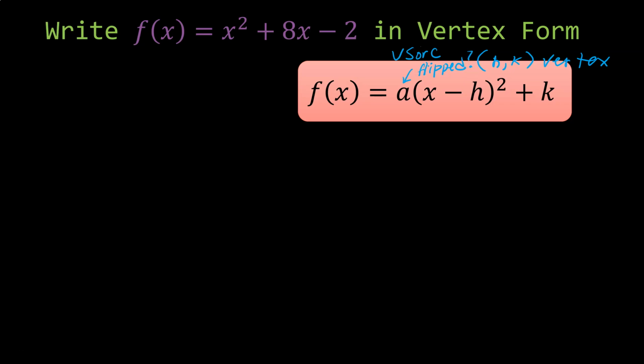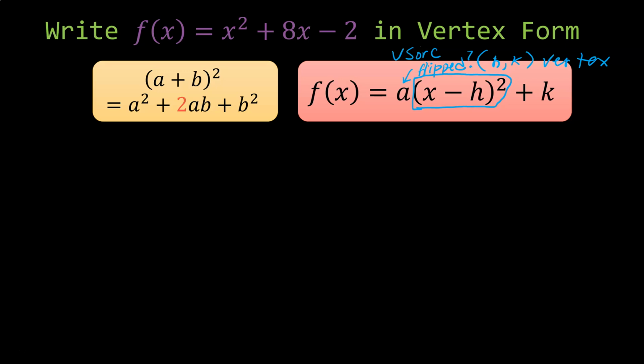Here we see that there is a perfect square in the quadratic, so we need to remember what a perfect square looks like. Suppose you have (a plus b) squared, that would be a squared plus 2ab plus b squared at the end. The middle term is twice the product of a and b.